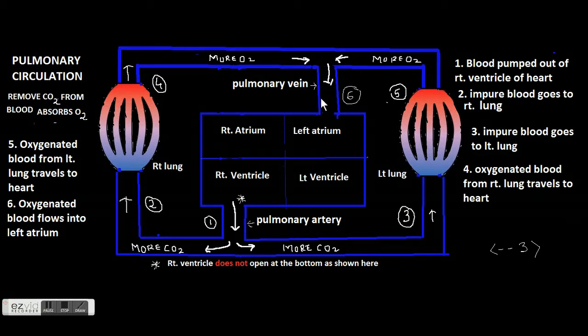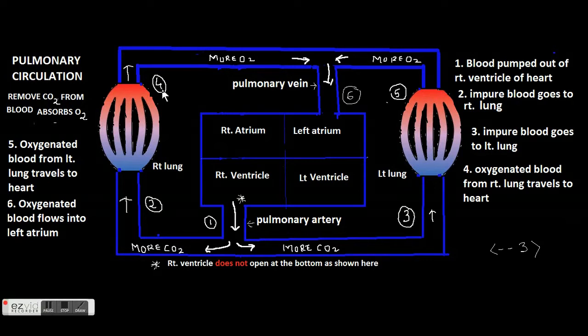Artery means the exit path, and vein means entrance. Okay. Then 4, oxygenated blood, on your left side, from right lung travels to heart, and on your right side, that is 5, oxygenated blood from left lung travels to heart. And here in the pulmonary vein, these two paths merge. From right lung and left lung, it merges into the pulmonary vein, which falls into the left atrium.